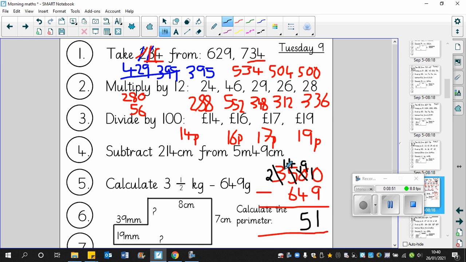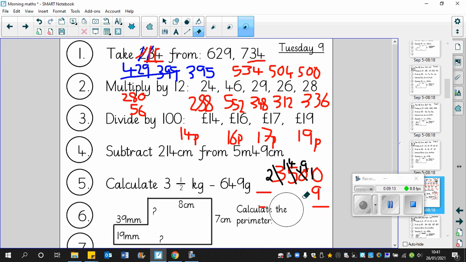So the 1 goes there. So 14 take away 6 is 8, and then 2 take away nothing is 2. So we've got 2,851 grams, which is nearly 3,000 grams, which is nearly 3 kilograms. Okay, I'll make some more space so that we don't get confused with the perimeter question, which is the last one.